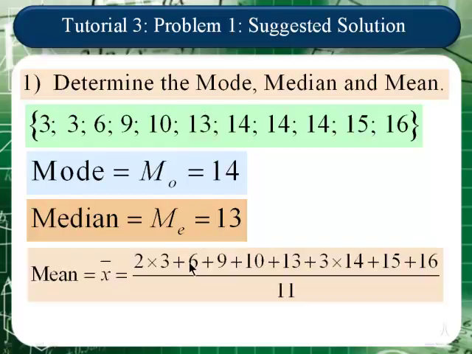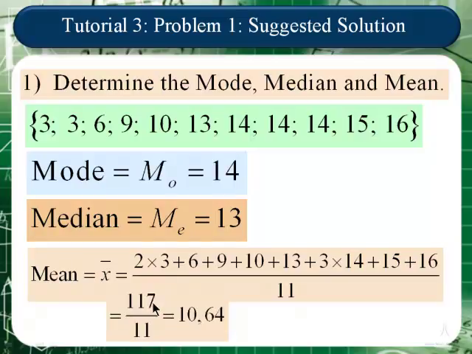To determine the mean, we simply need to find the sum of the observations. Note that the observation 3 appears twice, so instead of saying 3 plus 3, you can say 2 times 3. The frequency of the 3, in other words, is 2, and in a similar way, the observation 14 will have a frequency of 3, so you can type it in like this.